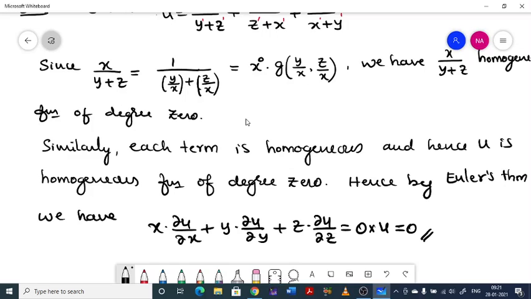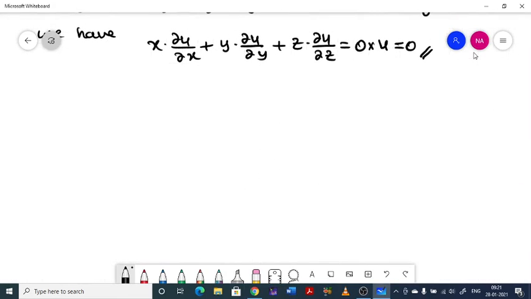So with this we are going to wind up our discussion on homogeneous functions. In our next class we shall discuss total differentiation. Under that we will get problems on total derivative and chain rule.